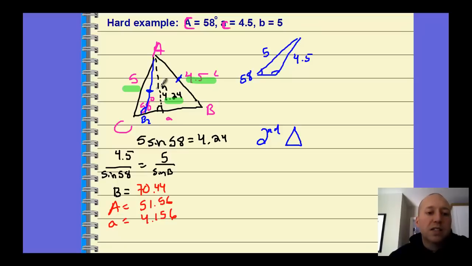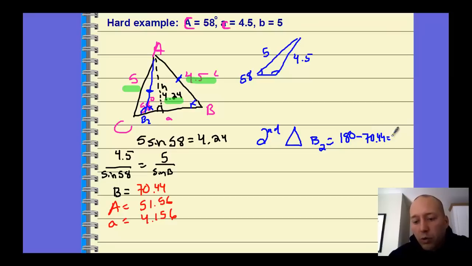Since those two sides are the same, the angles opposite them are also equivalent. So these two angles are equivalent. And since B2 and this angle are a linear pair, or supplementary angles, B2 and B are also going to be supplementary.